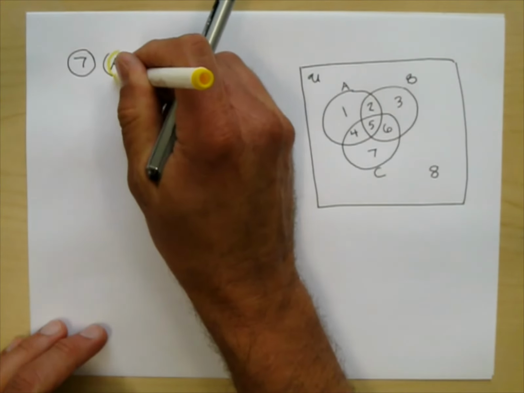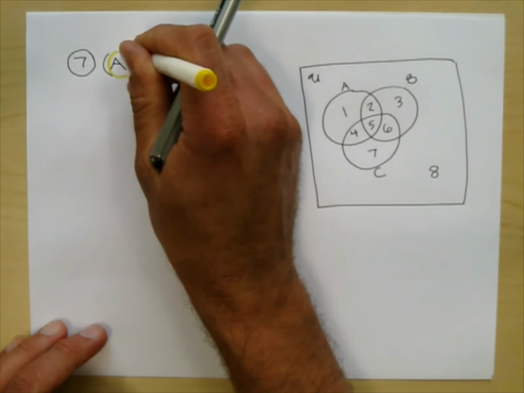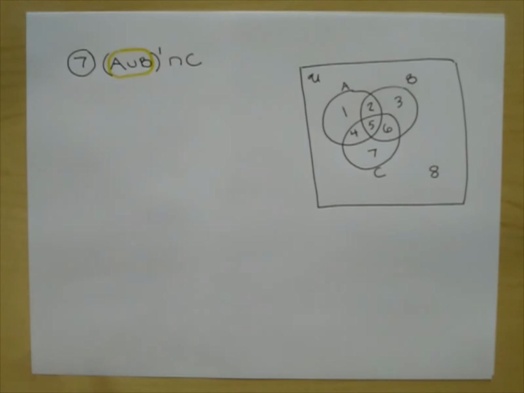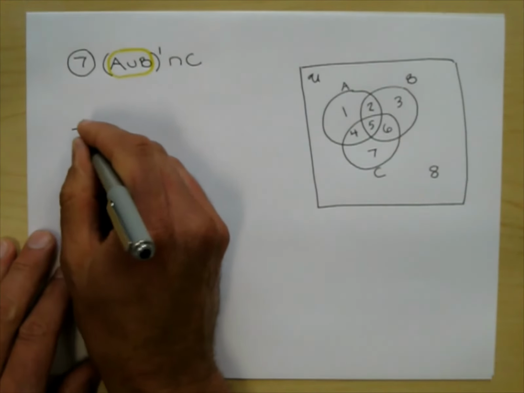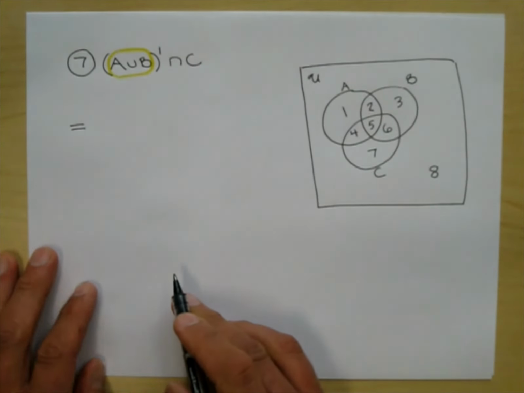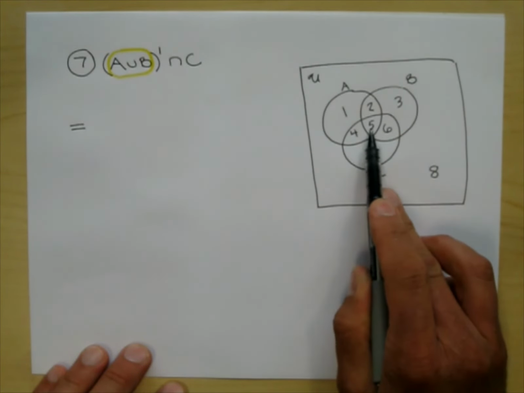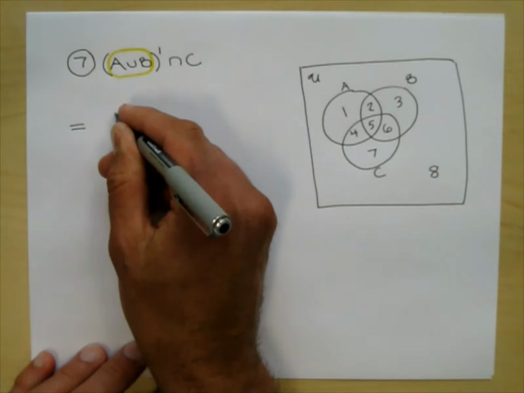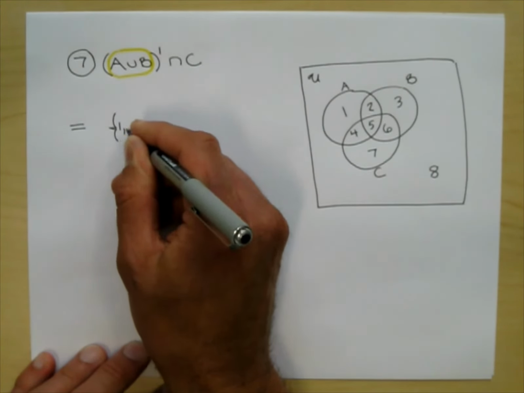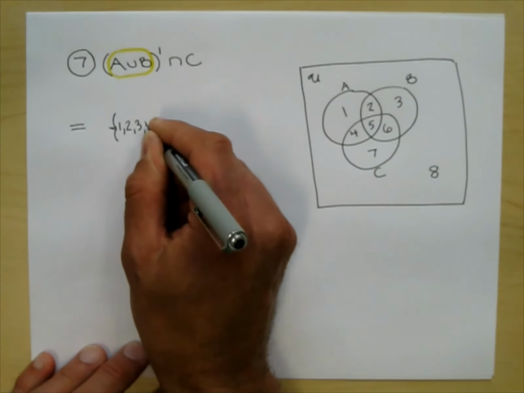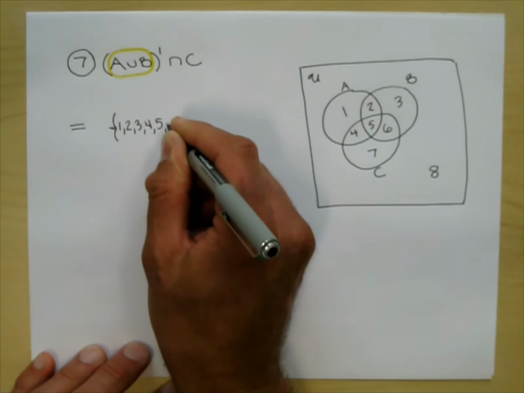So this might be skipping too many steps for some people. I'm going to write out what I see in the A circle or the B circle or both. So I see 1, 2, 3, 4, 5, 6. So that yellow part can become 1, 2, 3, 4, 5, 6.